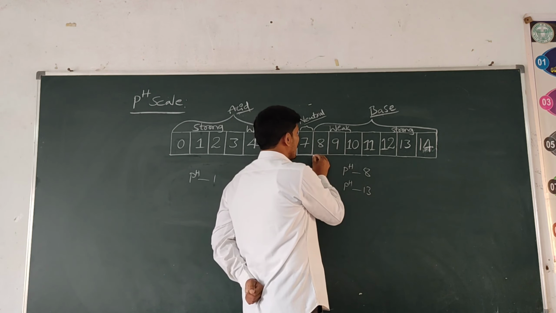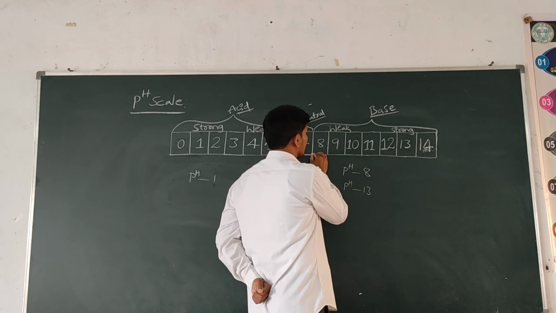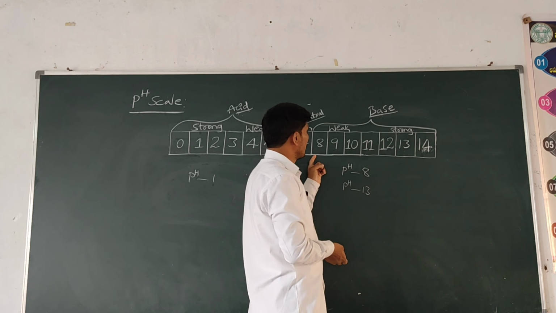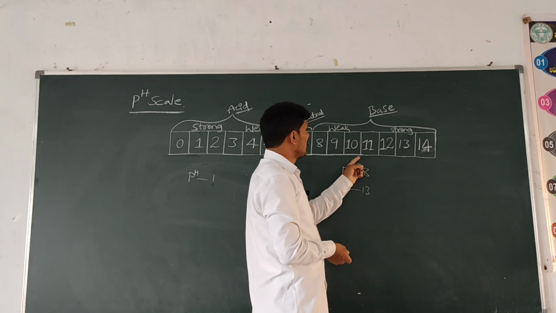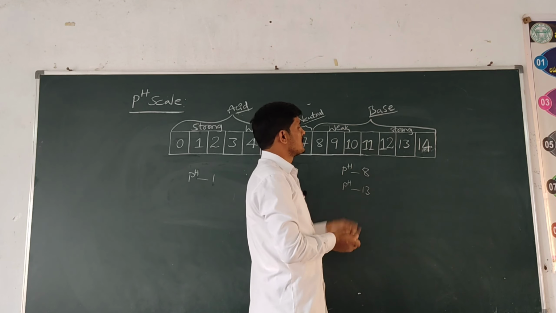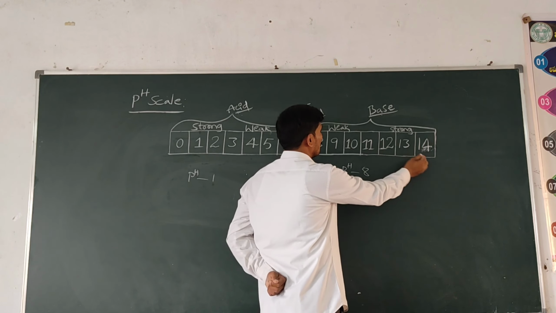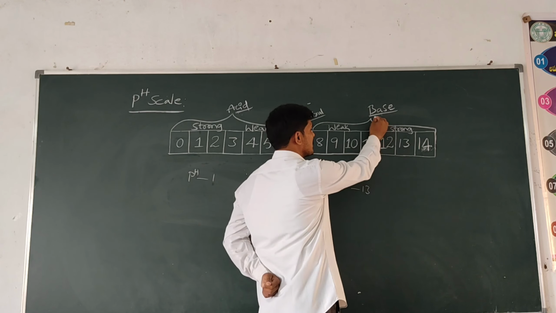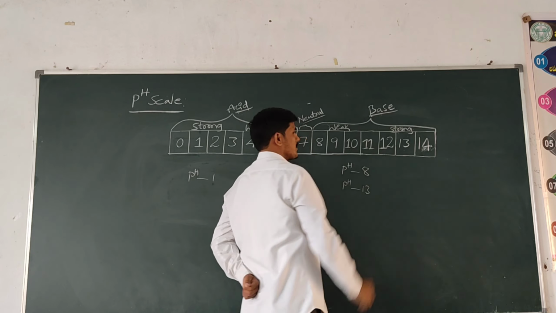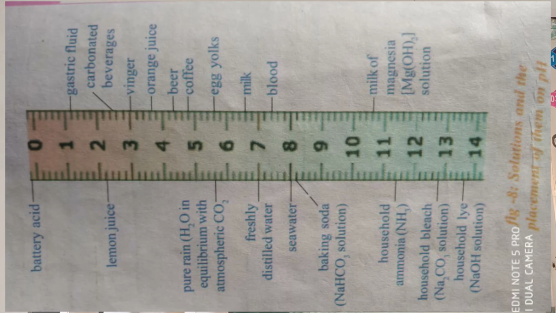When the pH value is above 7 up to 10, it is considered a weak base. When pH values are 11 to 14 on the pH scale, it is considered a strong base. Now we can observe the pH values on the pH scale and the examples we observe in our daily life.